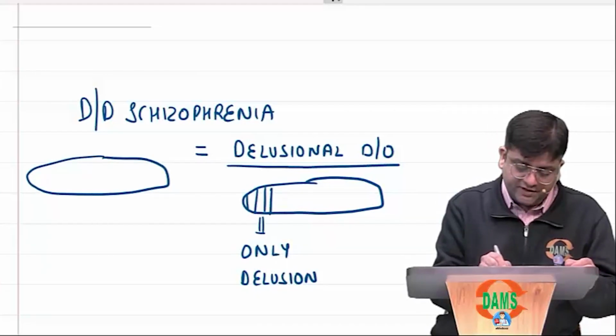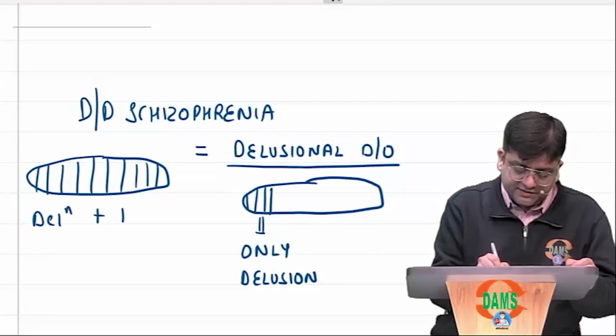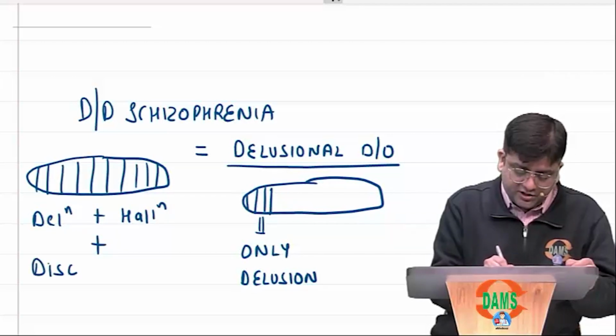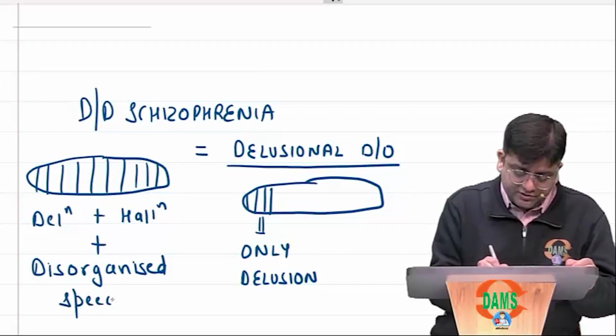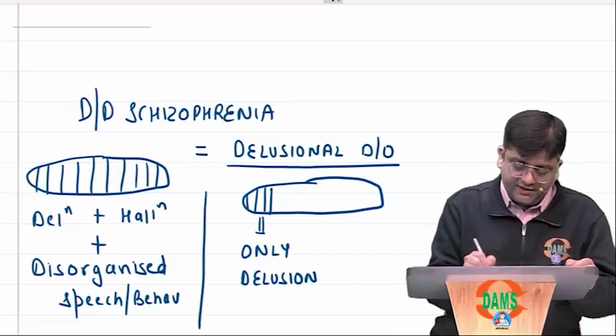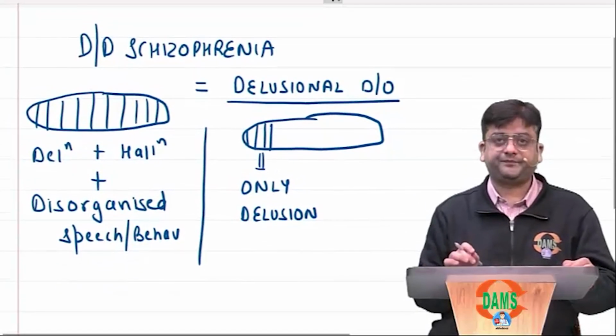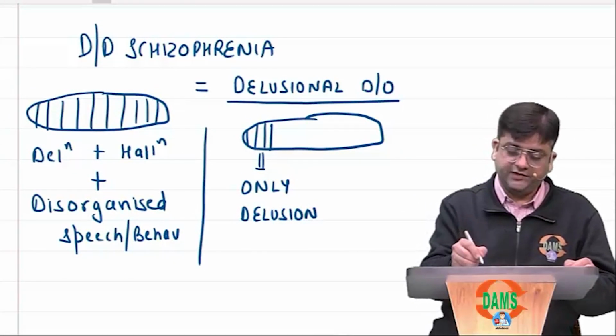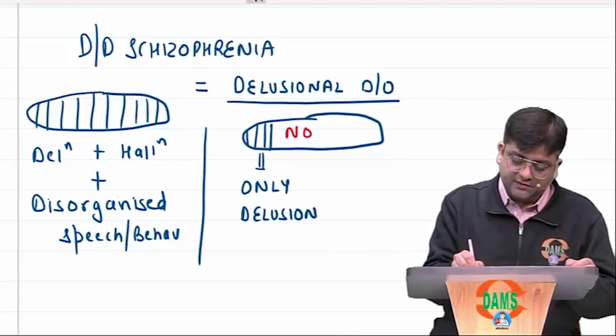It has only delusion. Unlike in schizophrenia, which is a condition characterized by split mind. Split mind means all the functions are affected: delusion plus hallucination plus disorganized speech, disorganized behavior. While in delusional disorder, there is only delusion; other things are more or less normal.